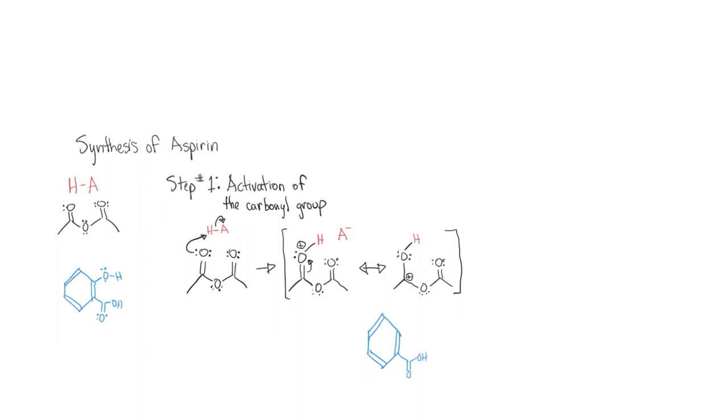So we have our carboxylic acid group right there, and we have our alcohol right here. So the alcohol is a nucleophile. We have our electron dense area. It's going to come in and it's going to form a bond with that carbocation right there in that resonance structure.